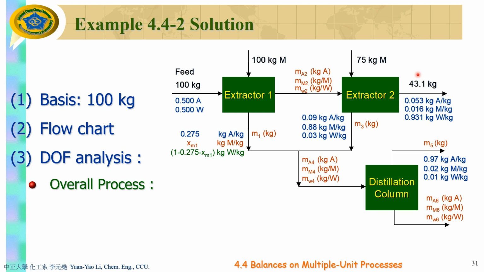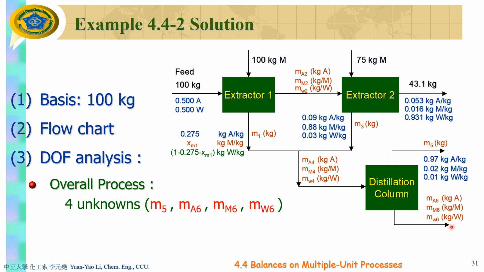Yes, 4, right? Thank you. If you have 3 inputs and 3 outputs, these 4 are the unknowns, outside the box. So if you do DOF, you have 4 unknowns: M5, MA6, MM6, and MW6, which are these 4.